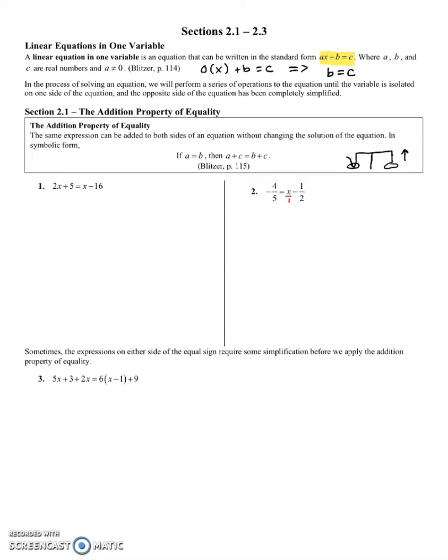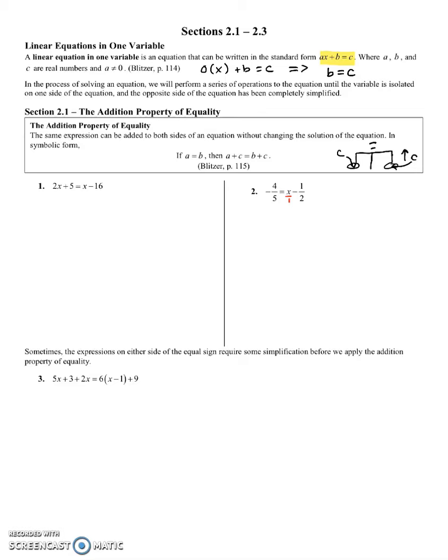So I have to add the same thing, let's call it C. I have to add C to both sides of the scale in order for my balance to stay balanced. And I think of the equal sign as the middle of the balance.